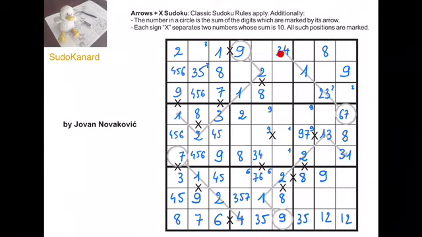No, this has to be a 4. Sorry. If 7 is in one of those two positions, then this has to be a 4, and then this has to be a 7. But if 7 is here, then this has to be a 6, and we get a 2 and a 3.